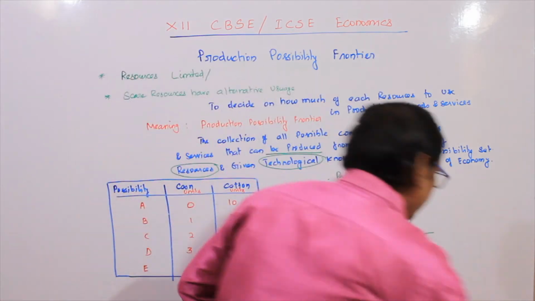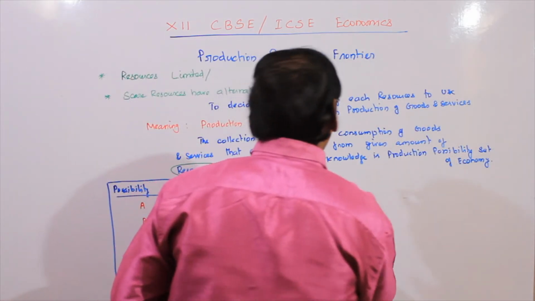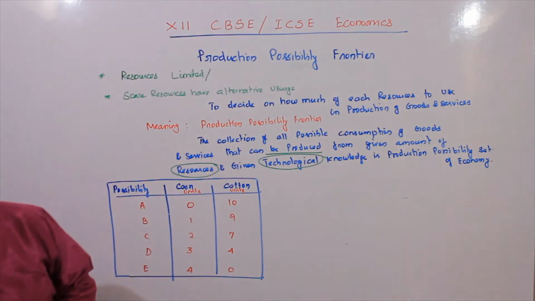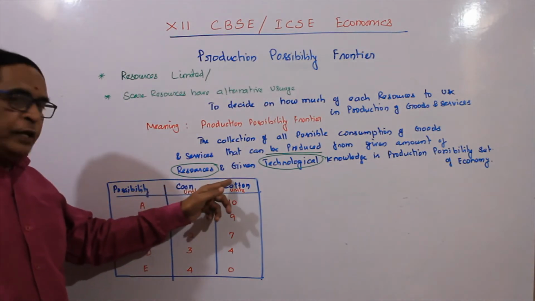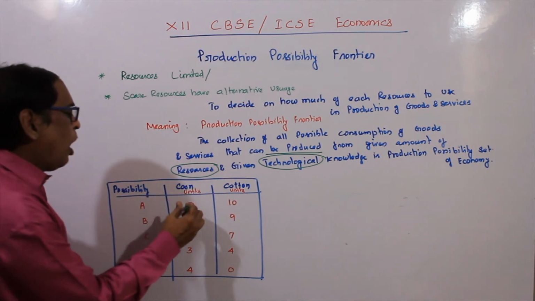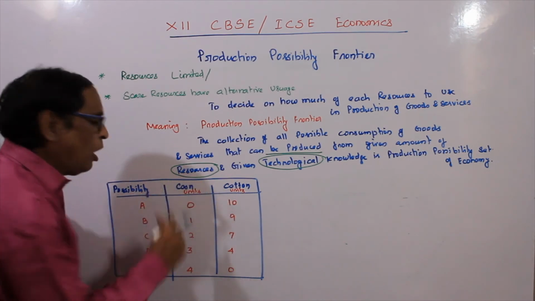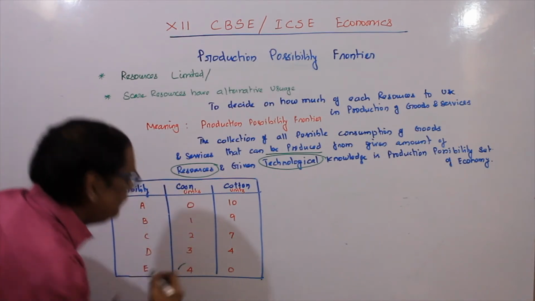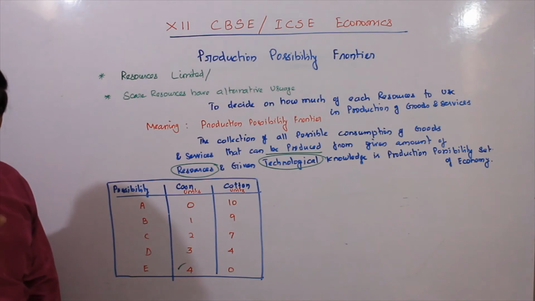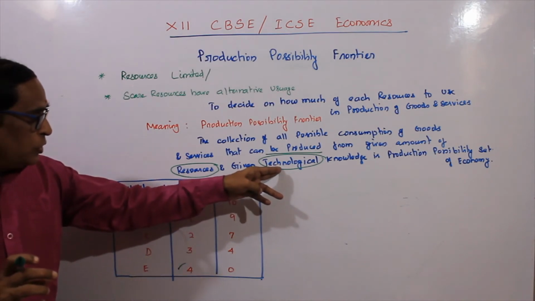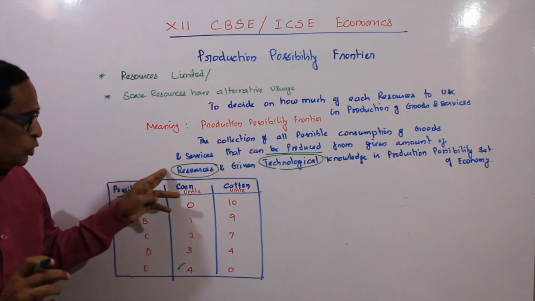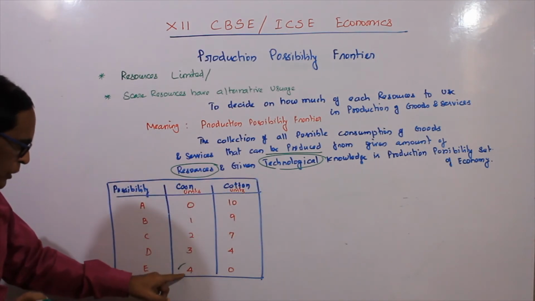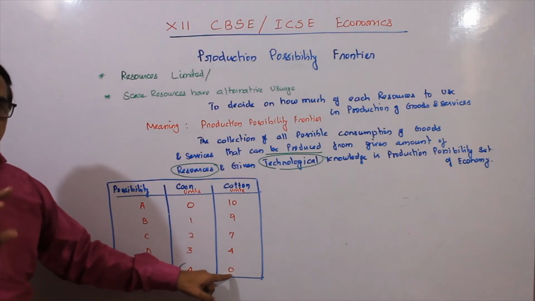Here, one example is there. Instead of paddy and wheat, it has been taken in your book as corn and cotton. If it is decided to produce only corn, then with the limited technological resources, given the amount of resources and given technology, we can produce only 4 units of corn, but there is no cotton.